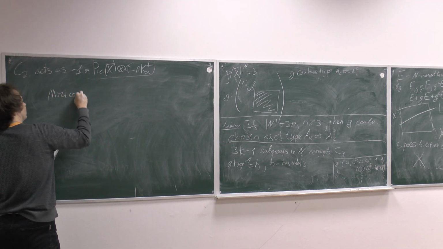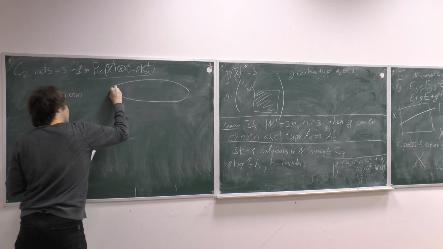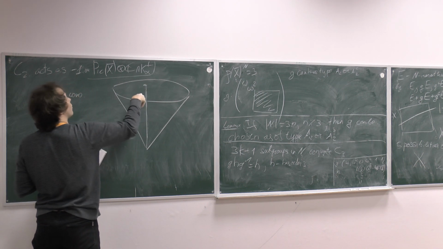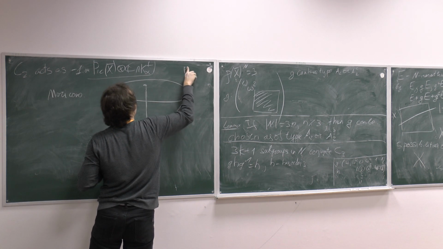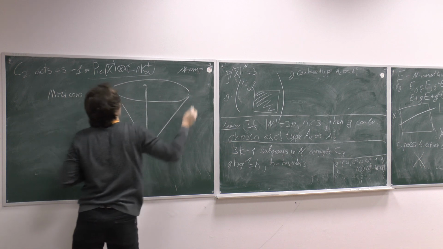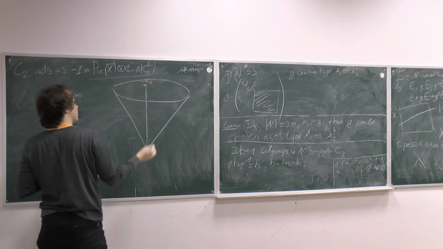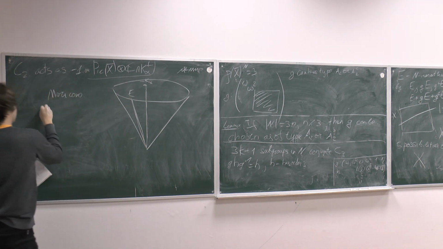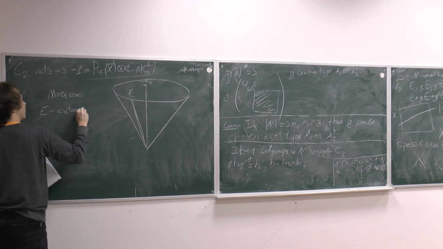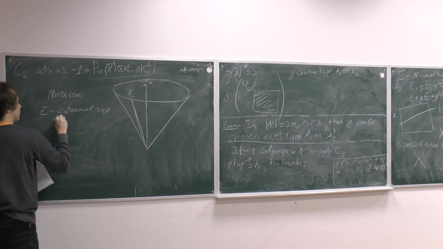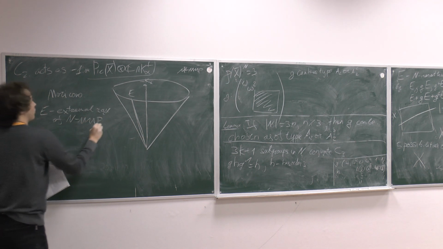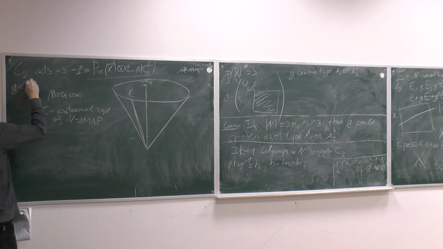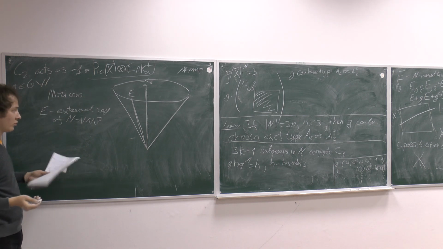So, what do we have? It's the Mori cone of the minimal model, and here there is the class of minus Kx. So that there is an extremal ray E, an extremal ray of the Mori cone. How to find the image of E under the action of G? Yes, G is, as usual, an element lying in G but not in N. So it's an element of order 2.